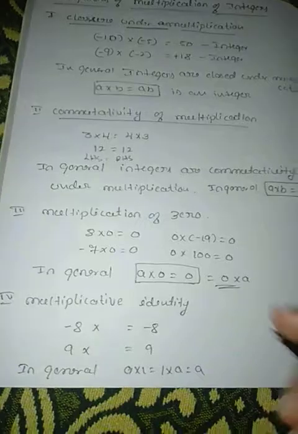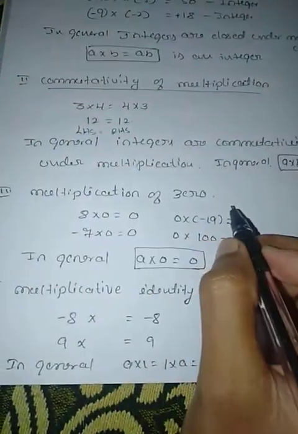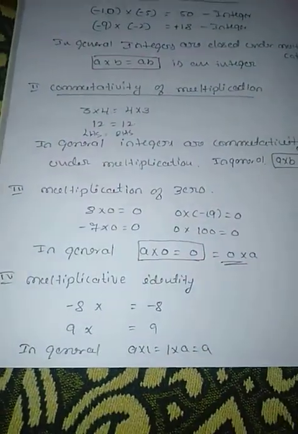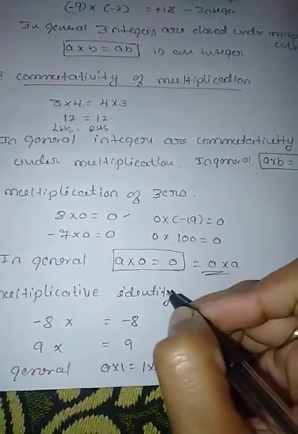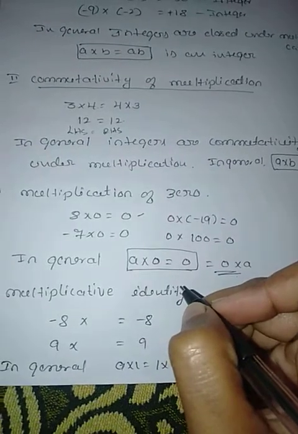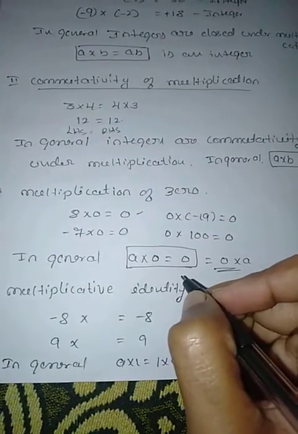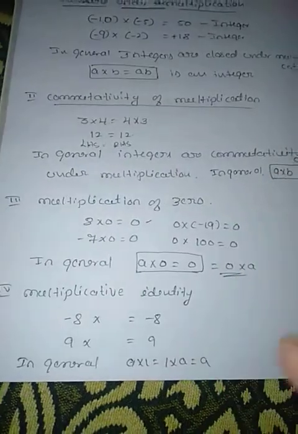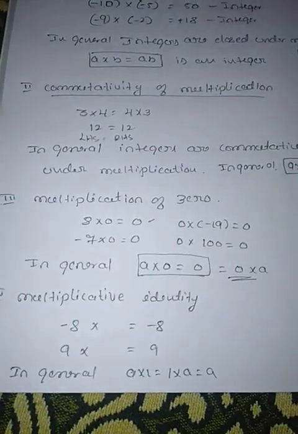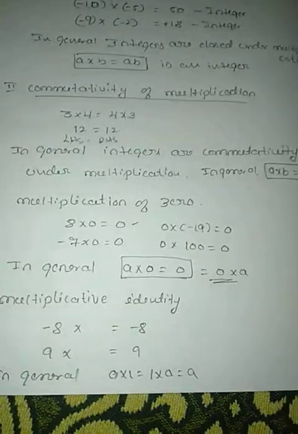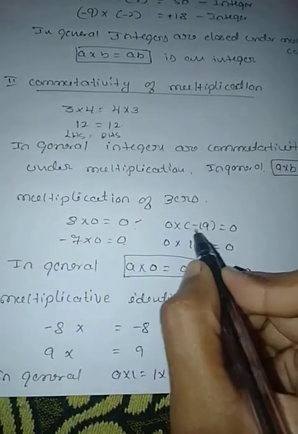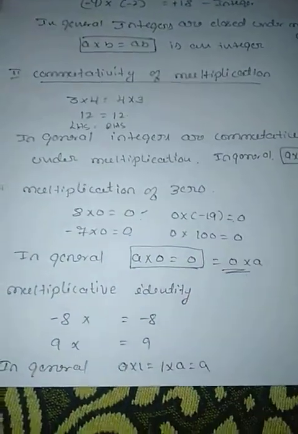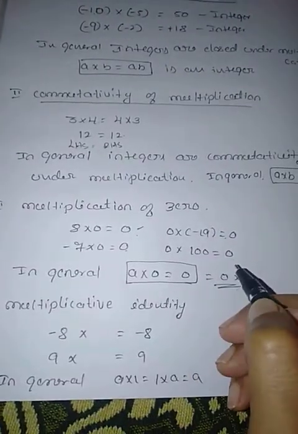The next one is multiplication of 0. Any number multiplied with 0 gives 0. This is multiplication of 0 with integers, where the integers can be any integers, positive or negative. See here, examples: 8 into 0 is 0. Minus 7 into 0 is also 0. 0 into minus 19 is also 0. 0 into 100 is also 0.